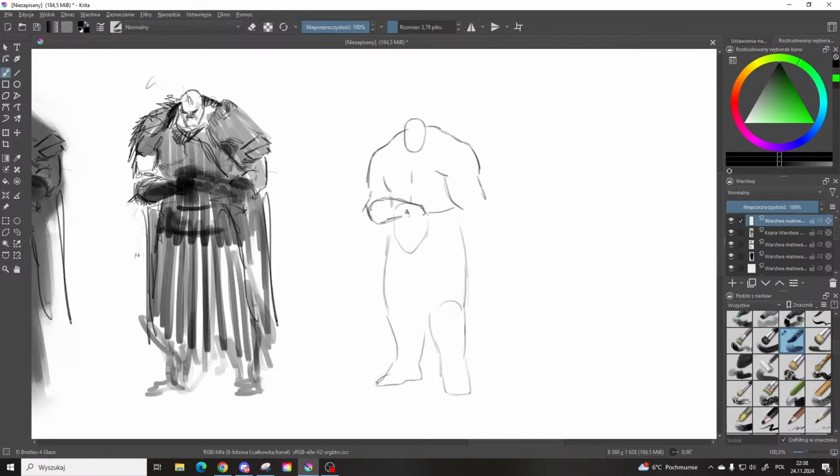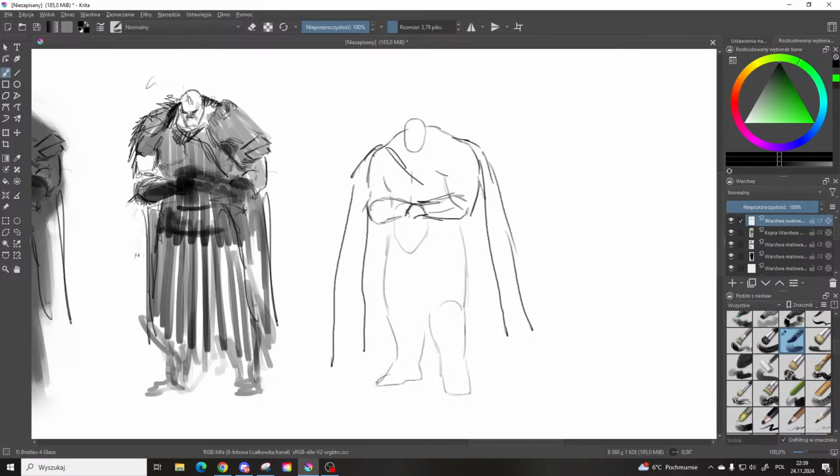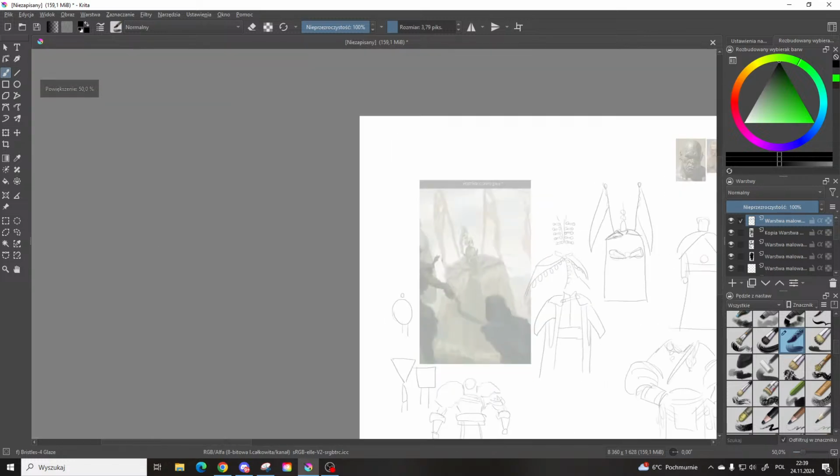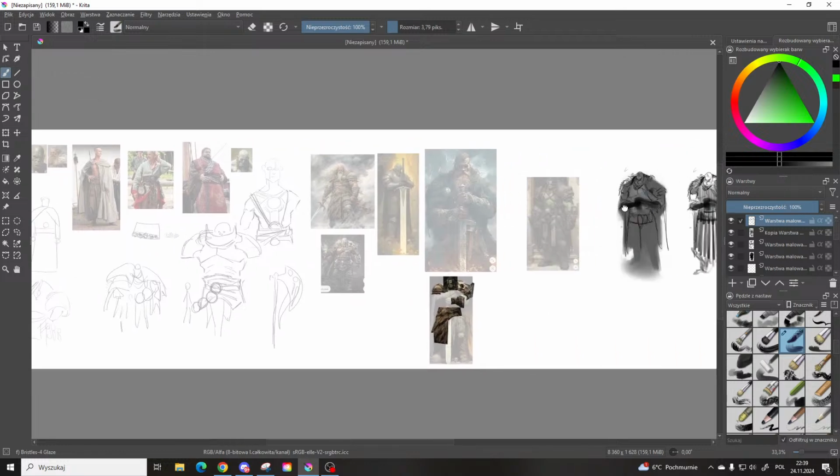But I would actually prefer it to be almost just the silhouette, to look majestic enough, because he's mostly going to be seen in the final illustration as the silhouette in the background. He's behind the actual important scene.